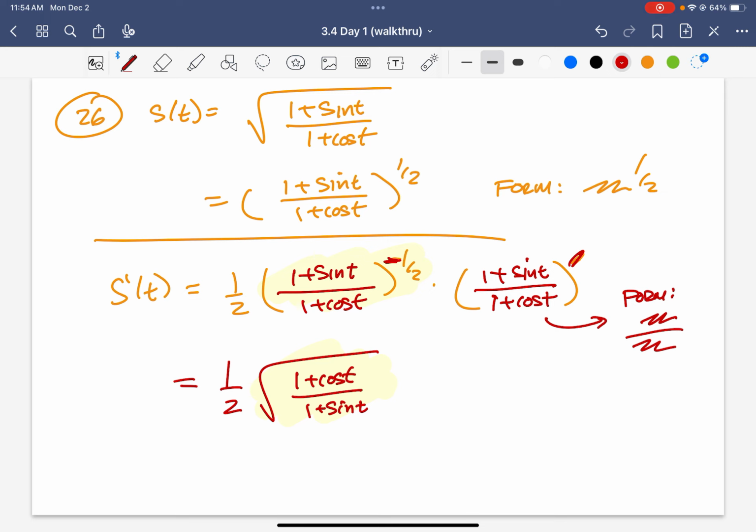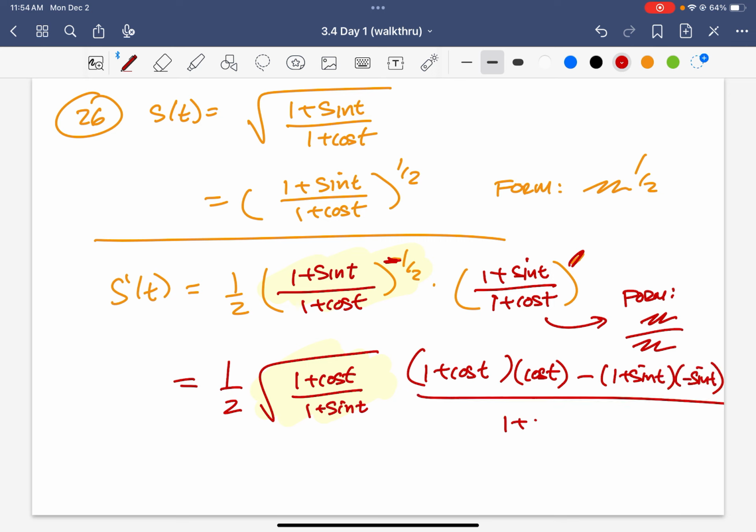Then over here, this form is low derivative of high minus high derivative of low. So to make it easier on myself, I'm going to write low derivative of high. Well, derivative of high, derivative of sine is just cosine. Low d high minus high derivative of low is negative sine.